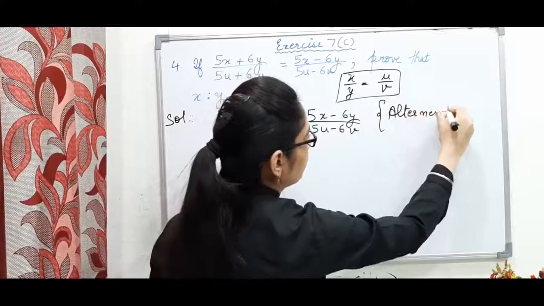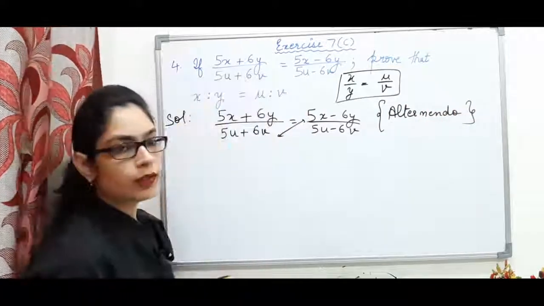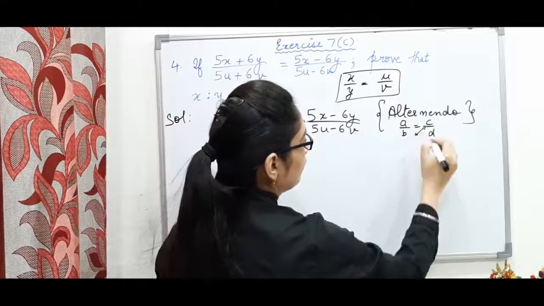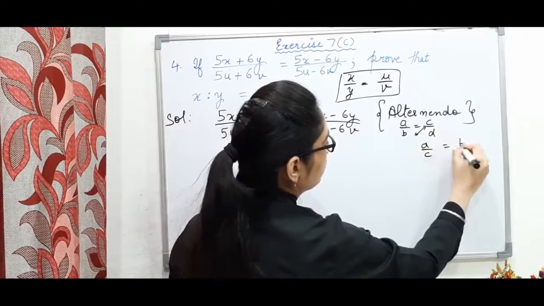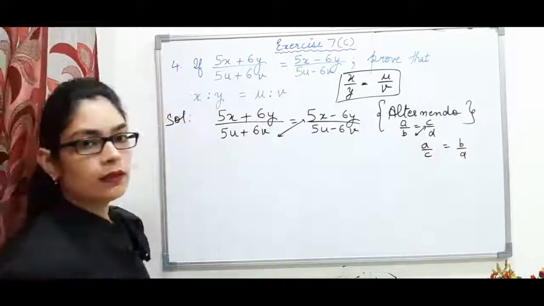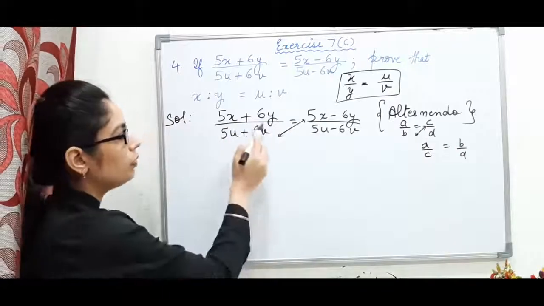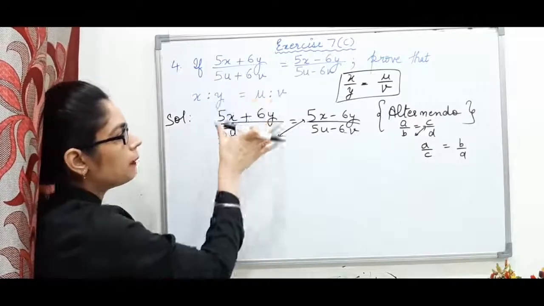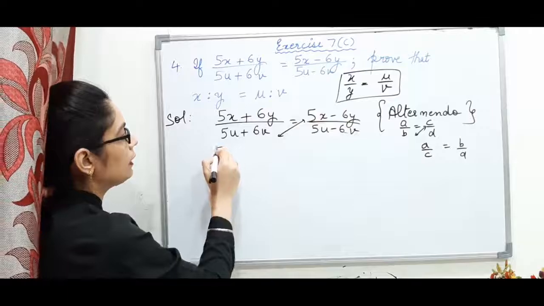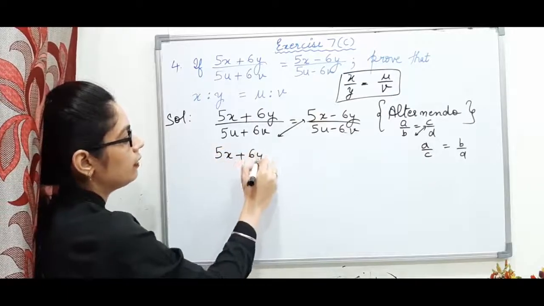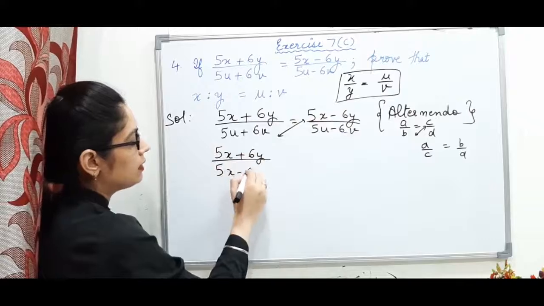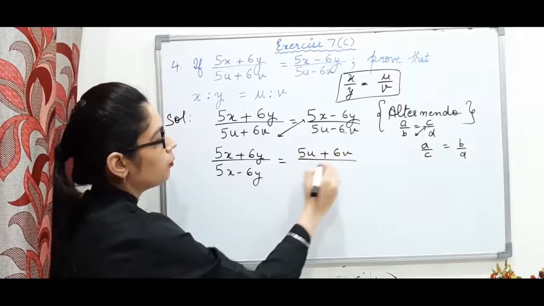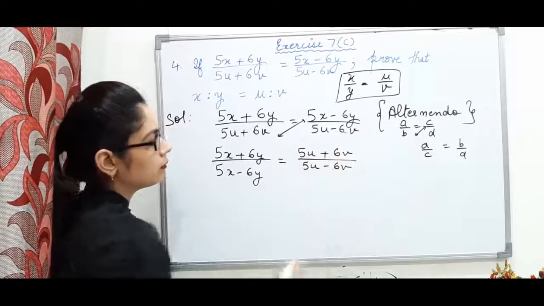Alternando first we will apply, because according to alternando, if A/B = C/D, then A/C = B/D. Now the full expression is my A, the full expression is B, full C, full D. So then I can write (5x + 6y)/(5x - 6y) = (5u + 6v)/(5u - 6v).